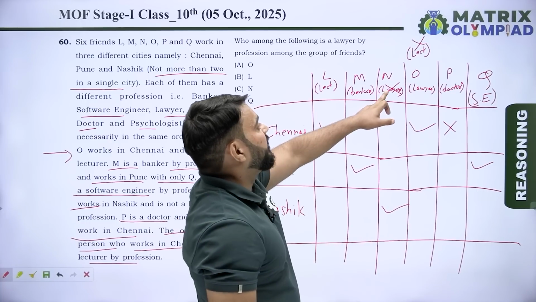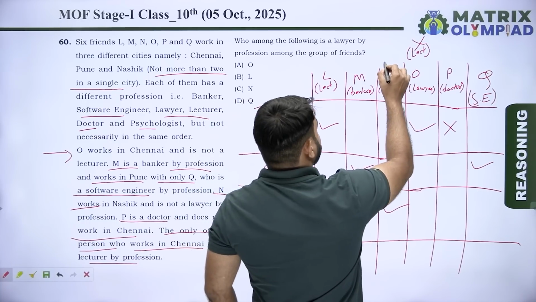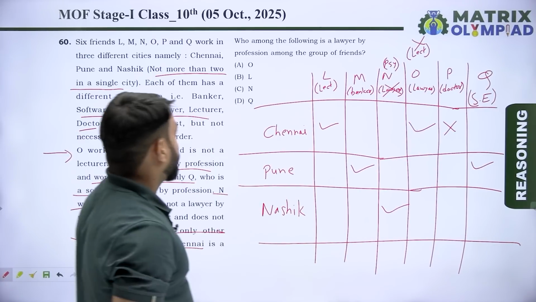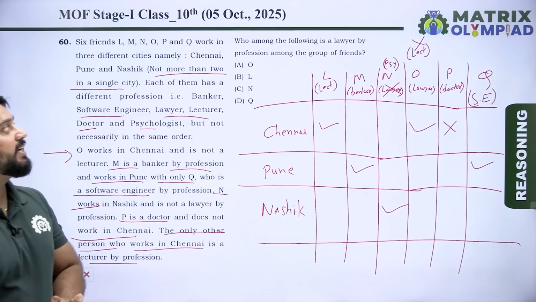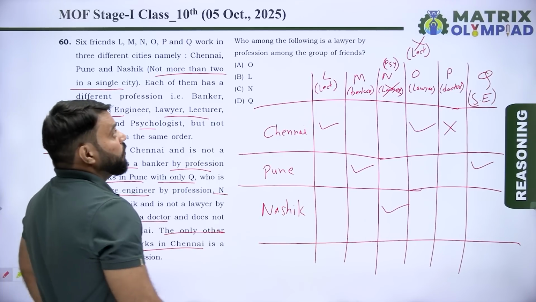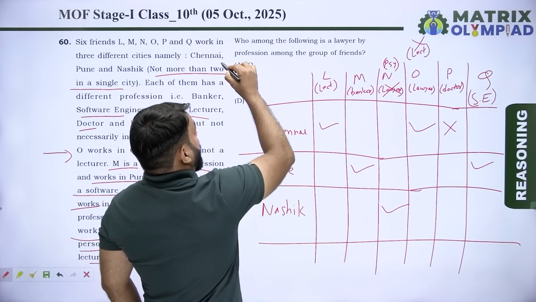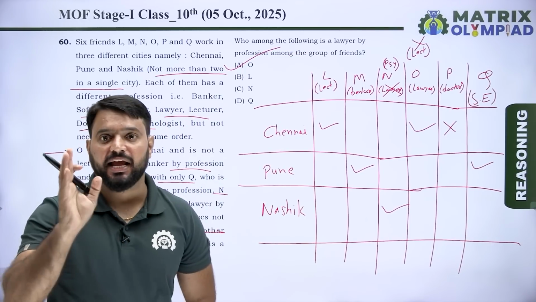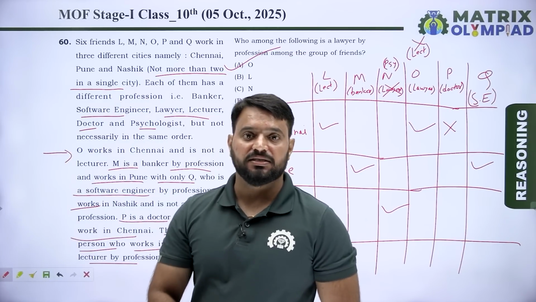N is not a lawyer, so it means N is a psychologist. So now the question is, who among the following is a lawyer by profession? O is a lawyer by profession. So here option A is the correct answer of this question.